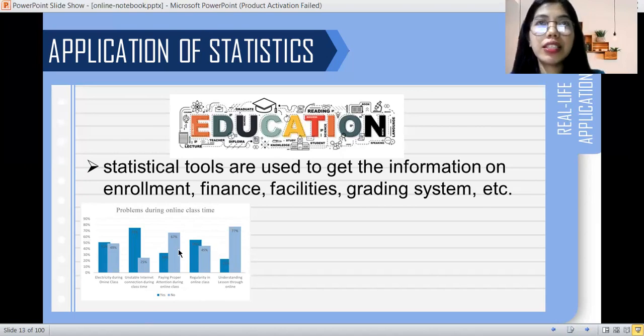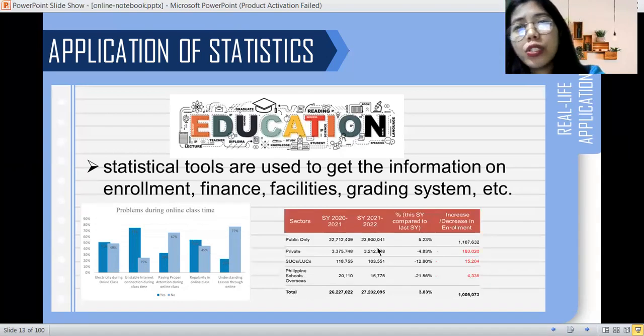Yan po isang example ng pagpapresent ng statistics. Doon sa part na organization and presentation, itong graph na to. And we also have here na nakatable na siya.